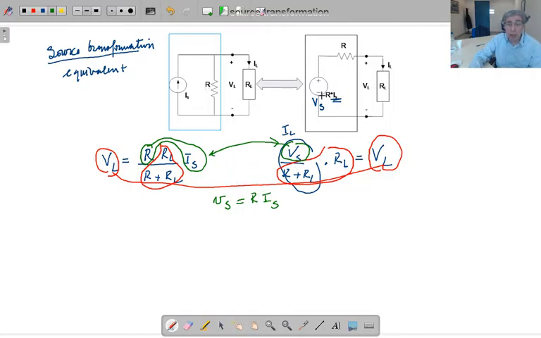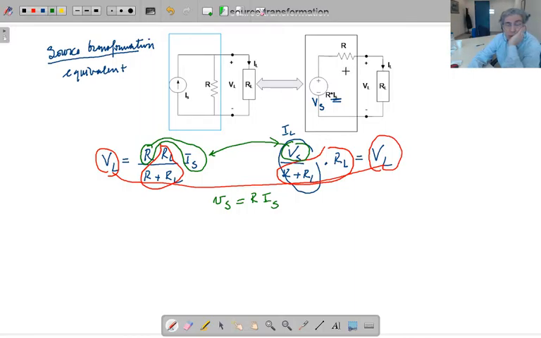If you put an independent voltage source of that value in series with the resistor, that box is equivalent to that box. Why is that? Because when you replace those two, the voltage of this resistance and this resistance do not change, and the current of this resistance RL and the current of this resistor RL in this circuit are going to be the same. That's why we call those two equivalent to each other.